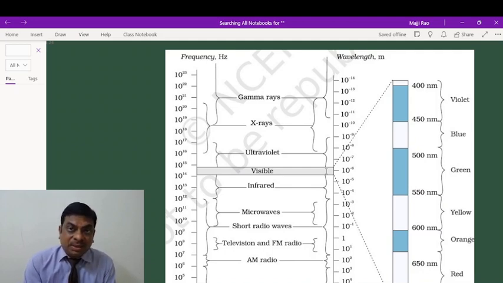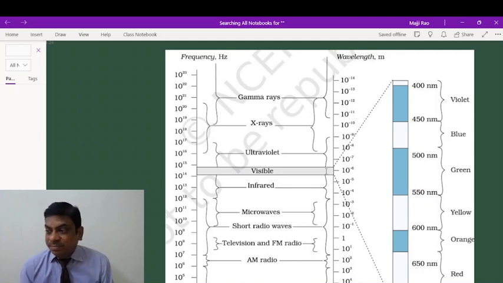Students, in this aspect I would like to tell you that if it is a light quantum, then it will be specifically called a photon. Otherwise you can call it a quantum. But in most of the books they use the word photon, which is not very correct. Photons are supposed to be used only for visible light. For all other electromagnetic energy packets, you should use the word quantum.